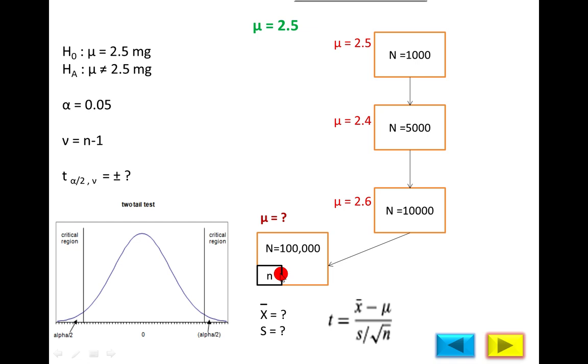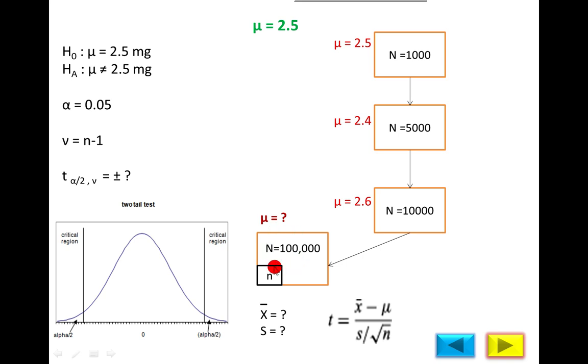So this result will be used for the corresponding population. If the calculated value lies in the rejected region, we reject the null hypothesis. Reject the null hypothesis means the alternate is true. Alternate true means the population mean is not equal to 2.5 milligram.